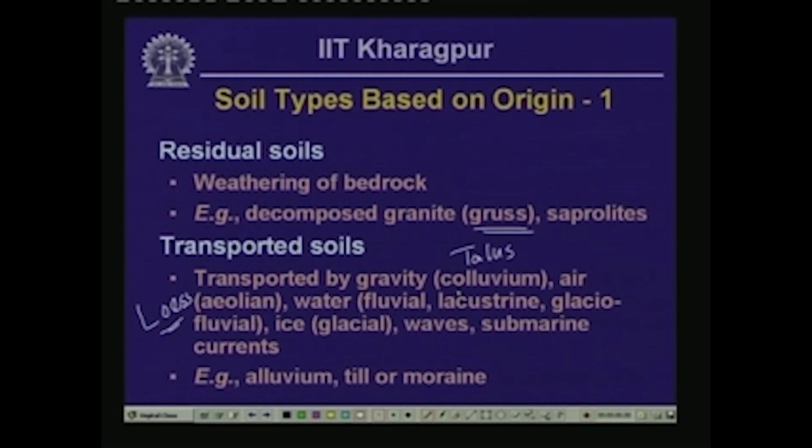Then wave action can also lead to development of transported soils, or submarine currents can also lead to the development of transported soils. Examples of all these soils include alluvium. Alluvium are essentially fluvial deposits, or till, deposited by ice.